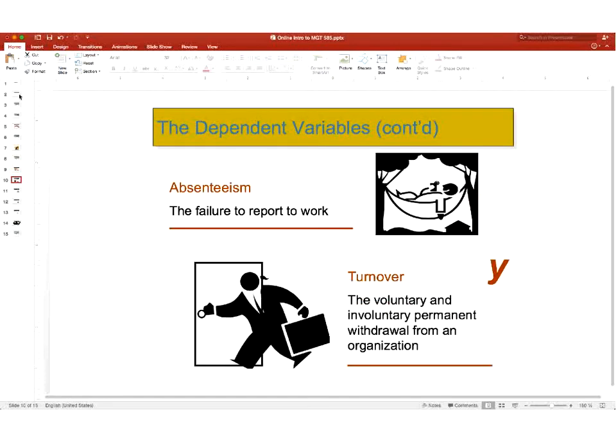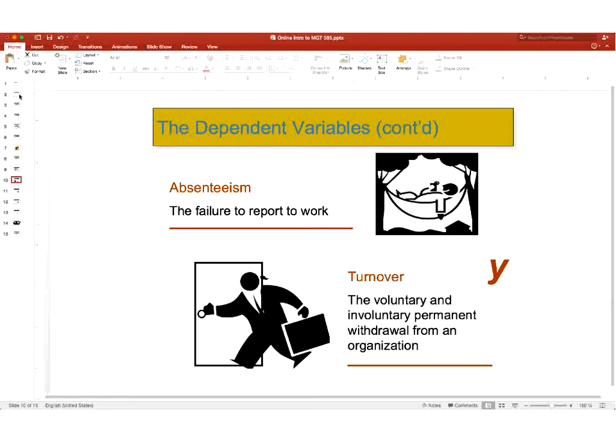The next one we want to study is absenteeism, or what causes individuals to not report to work. We really want to study this because this happens quite a bit at work, and absenteeism is one of the main things we want to focus on. Similar to absenteeism is turnover, and what we're talking about here is voluntary and involuntary permanent withdrawal from the organization.